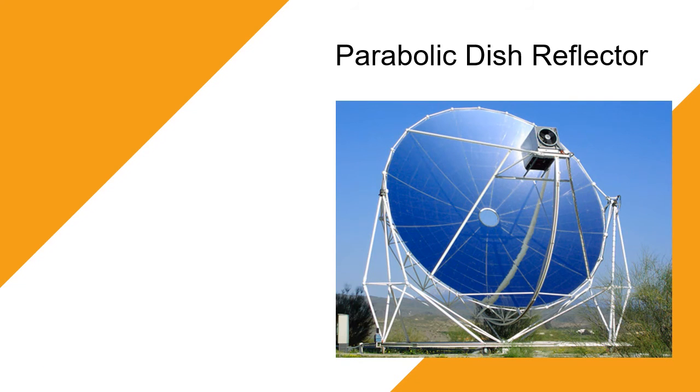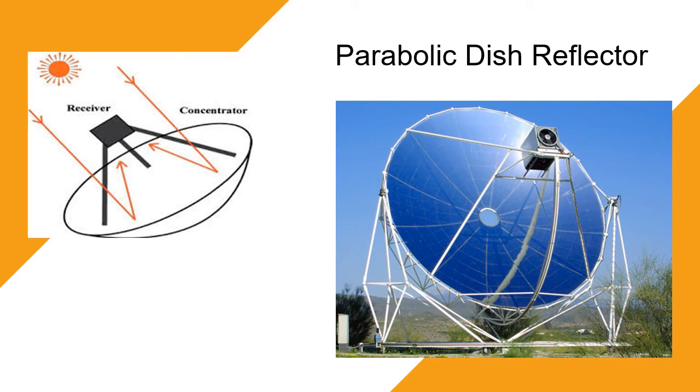A parabolic dish reflector, or PDR, concentrates light in a single focal point. All sun rays that are parallel to the axis of the parabola are directed towards the central receiver. This allows the collector to achieve the highest concentration ratio amongst all the other types of solar collectors. The system must be orientated towards the sun, and it is achieved using dual-axis tracking.